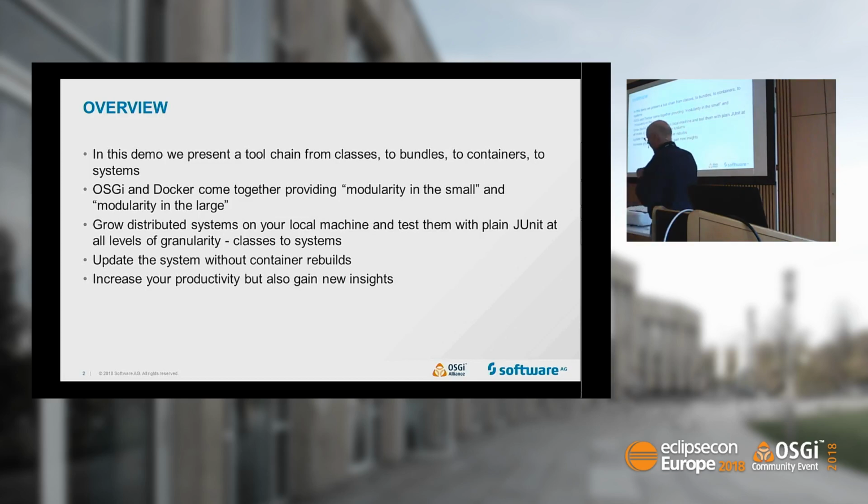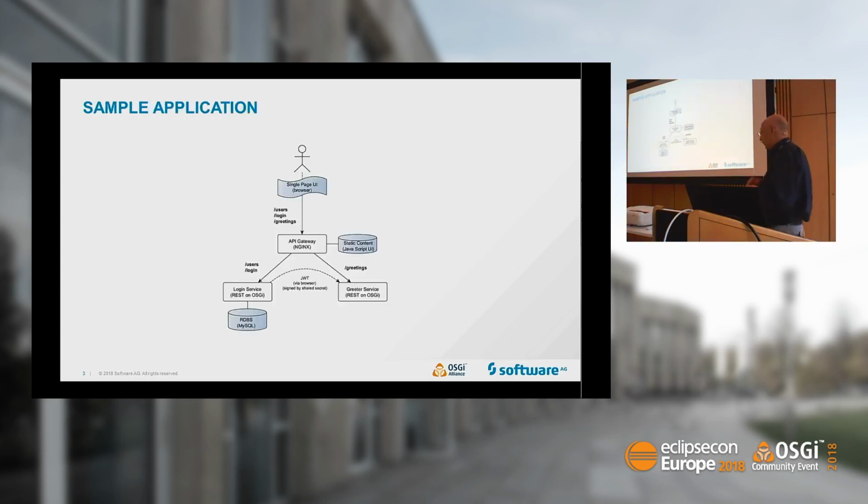There are some specific nice things about this, especially if you're using OSGi as your platform. You can update the system in significant ways without having to rebuild your whole container, and you, in general, can increase your productivity. So to illustrate this, I don't want to show too many slides. There are some slides, but mostly I want to show an actual system and an actual build for this system.